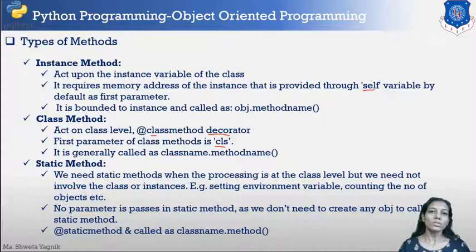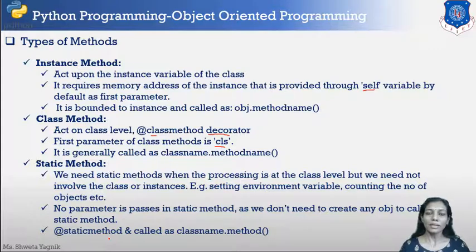There is no need to pass any parameter. In the other two cases, in an instance method we pass the self parameter and in a class method we pass cls, but in the case of a static method we are not supposed to pass any parameter. There is no need to create any object before calling this static method, and here the @staticmethod decorator is used in order to create the static method.